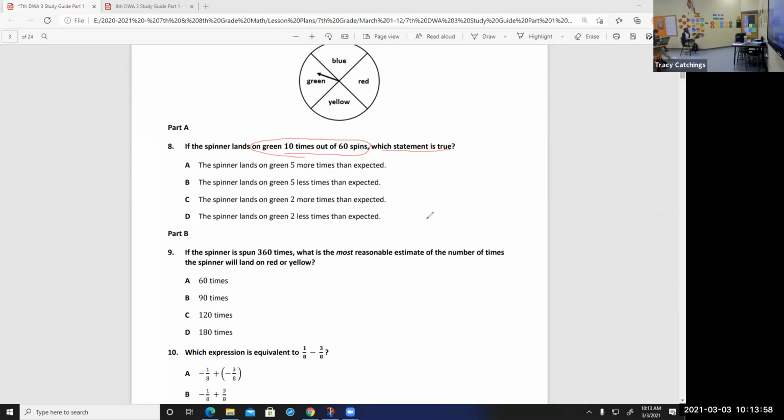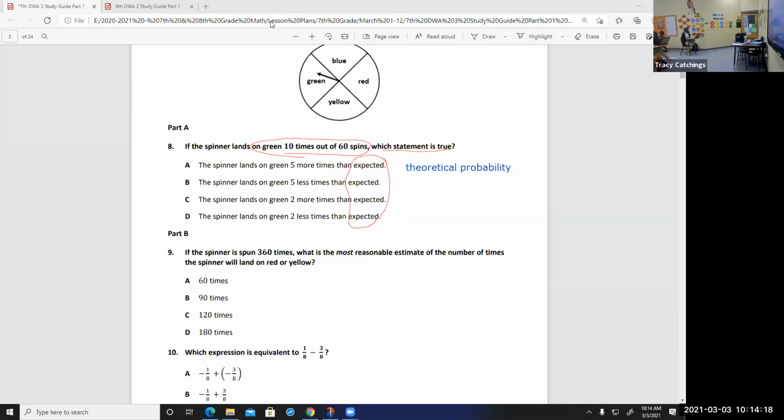Which statement is true? Looking at these statements, they're talking about the expected, so that would be finding the theoretical probability.